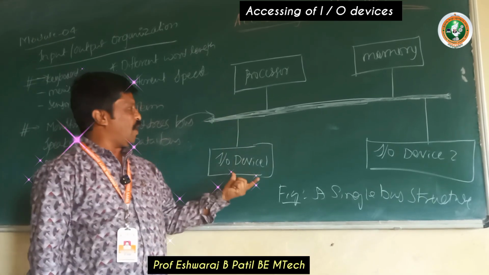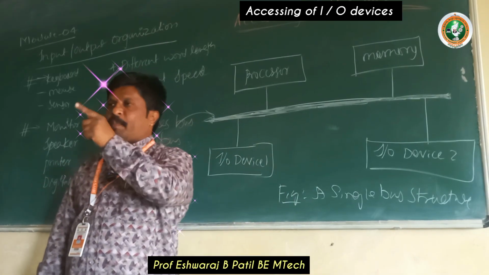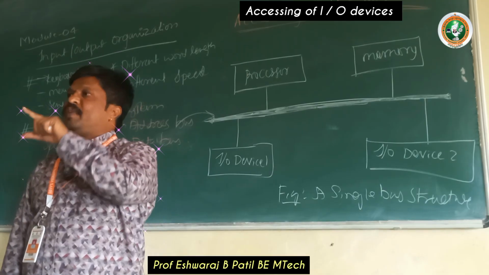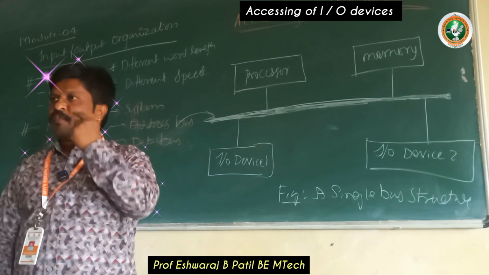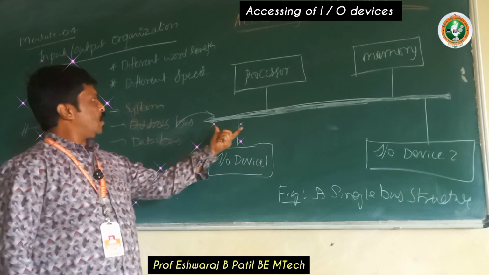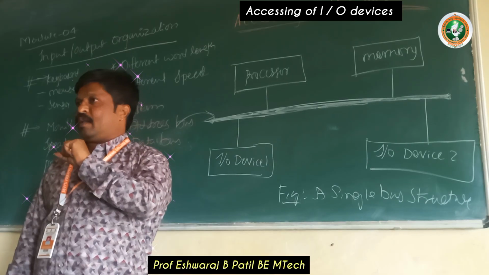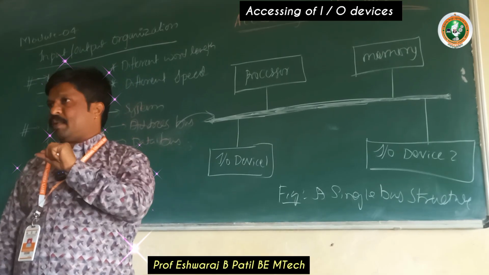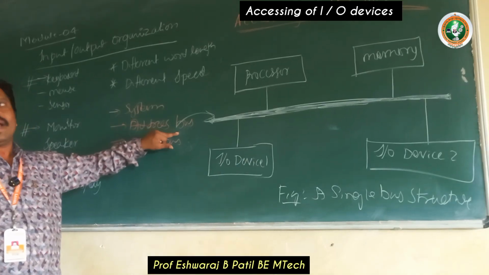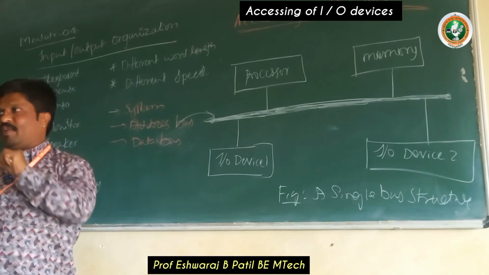Each and every device has its own address. If you want to communicate with a particular IO device, then we have to give the address of that particular IO device. If you put the address of that particular input device on the bus, then that device will be activated through that address. It means the address bus will hold only the address of that particular IO device.